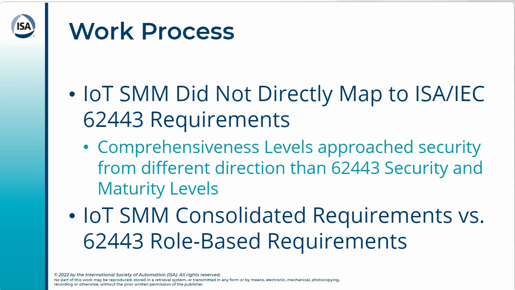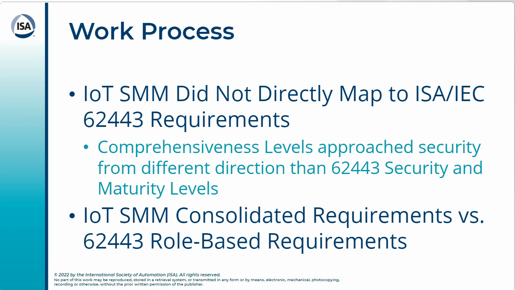We would start with a particular document within 62443 and go through each one of the requirements within that document and evaluate it against the SMM comprehensiveness levels for those different sections. First we would relate it to the security maturity sections, and then from within that section we would try to identify which specific comprehensiveness level for each one of those categories it would fit into.